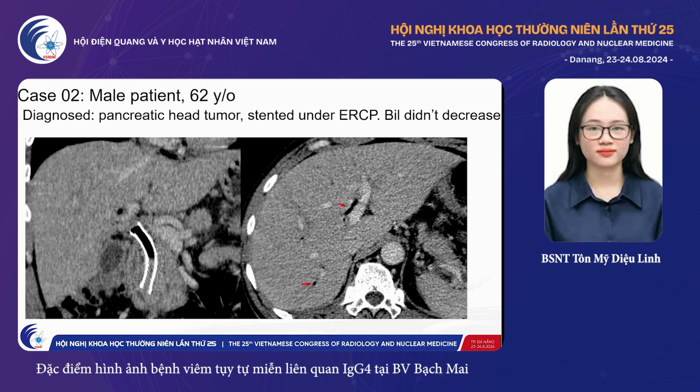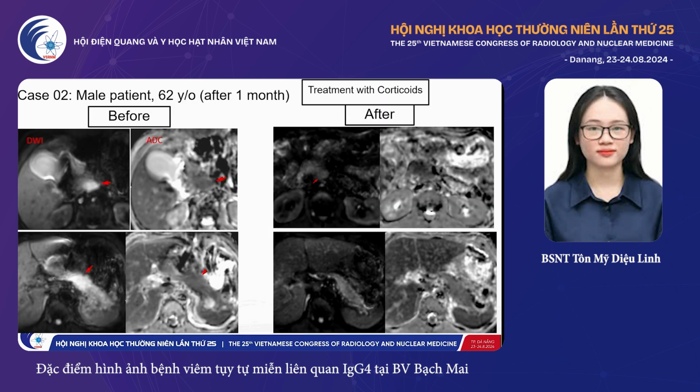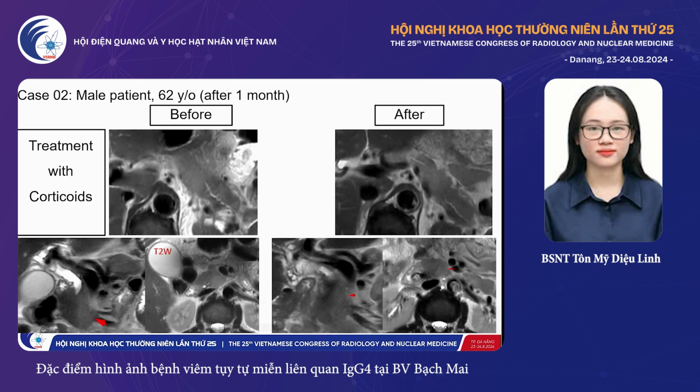So the patient was sent for ERCP, but bilirubin didn't decrease. And after 1 month of treatment with corticoid, the lesion reduced in size as well as level of diffusion restriction. We can see the pancreatic duct in the body lesion, which we didn't see before treatment.